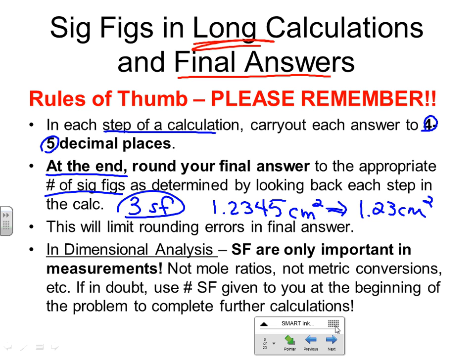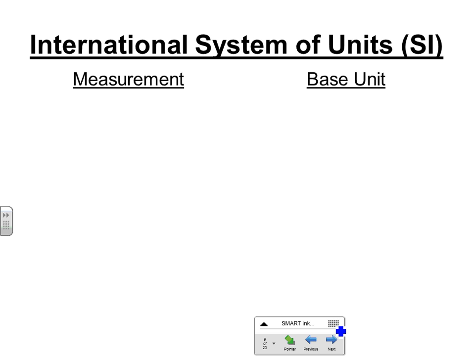So do not count mole ratios as your sig figs. Do not count metric conversions as your sig figs, because those things are not important when we're talking about accuracy or precision. And if you ever have trouble figuring out how many sig figs you need, use whatever is given to you at the very beginning of a problem. That number of sig figs can at least get you started, and that should help you complete your further calculations.